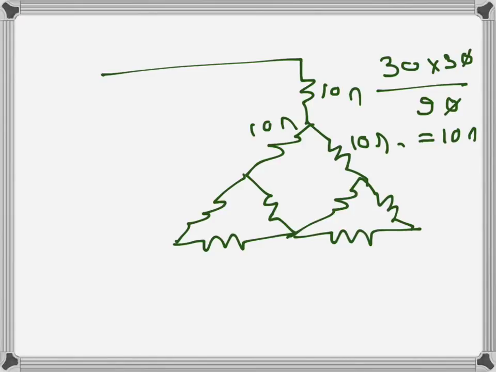Now if we notice this part, maybe I will draw with a different color. This part, it's actually not a delta. What happens here is with these three resistances, this one and this one, these two are just in series and then coming in parallel with this third one. So I will erase these ones and redraw this one.